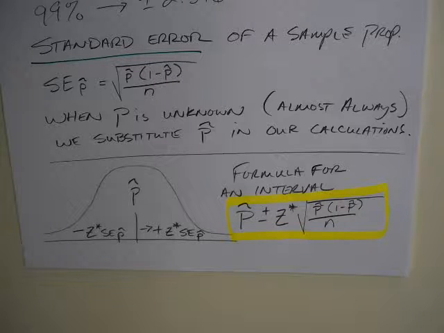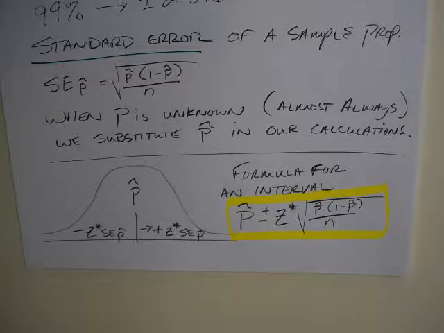Before we step away from that, I want you to understand that this is the center. This refers to how wide our interval is, 80, 90, 95, 99, whatever. And this is your standard deviation. So what this whole thing is here, that's your margin of error.